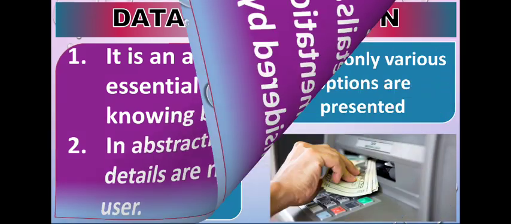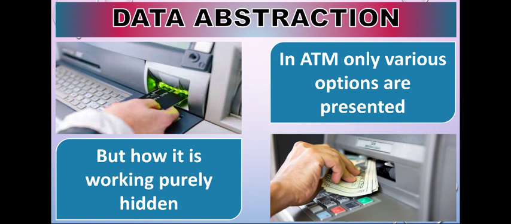Look at the example here. Take an example of an ATM machine. In an ATM machine, only various options are presented like withdrawal, pin change, balance inquiry, like this. But how it is working is purely hidden. And when as a user we go to the ATM, we are not considering its implementation.